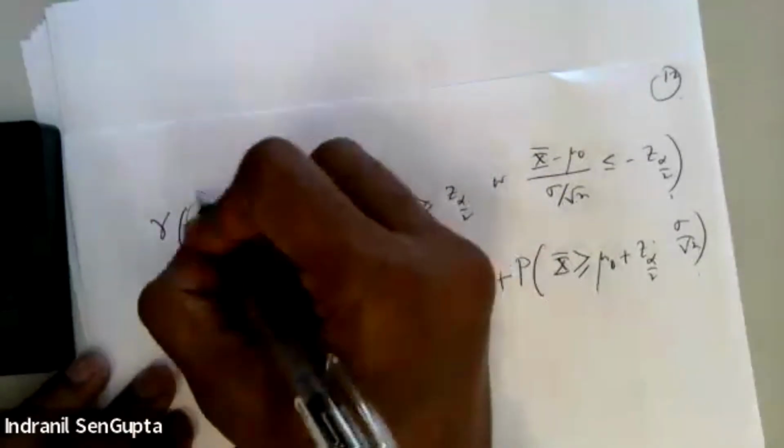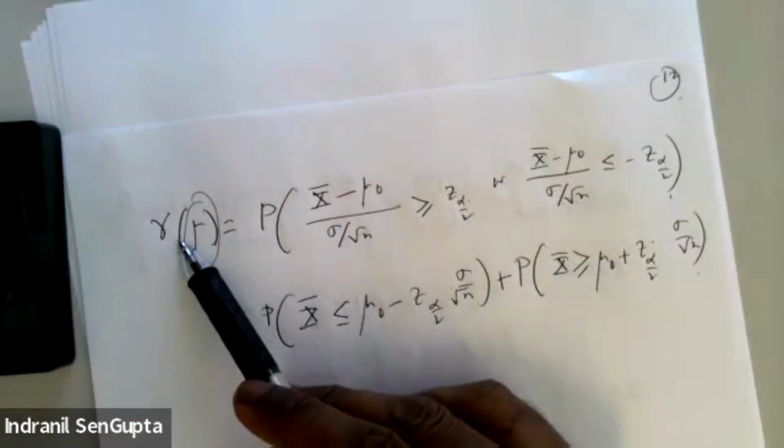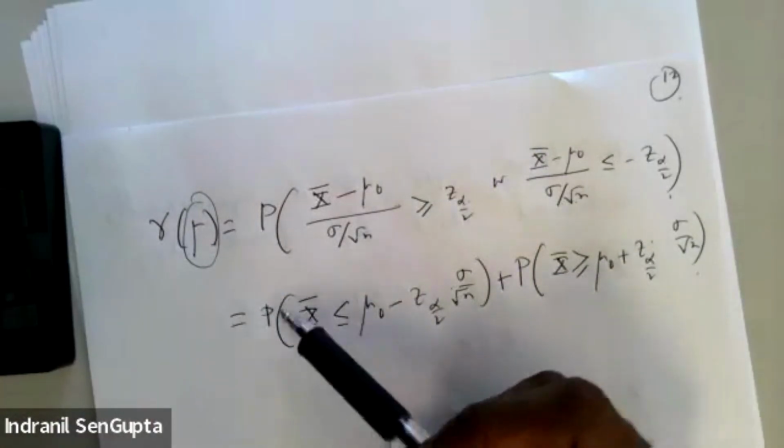Now, remember that this mu is there. So let's try to see the mu. Remember that with respect to mu, once again, for the case of a large sample, it's approximately normal.